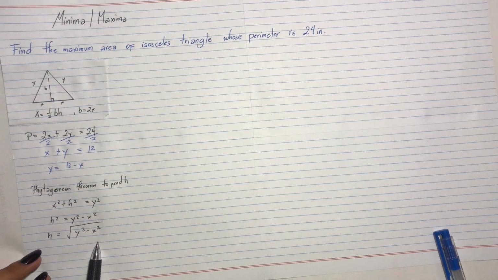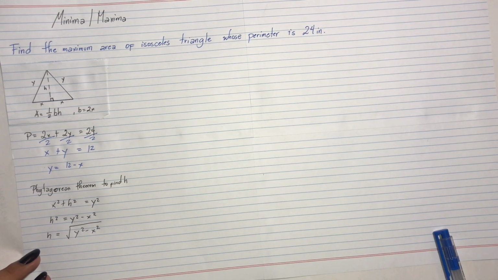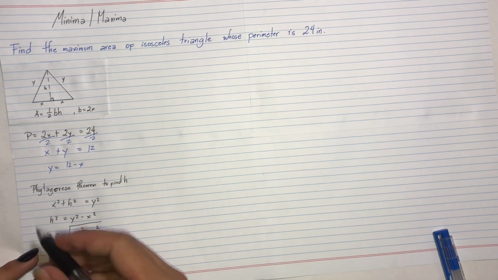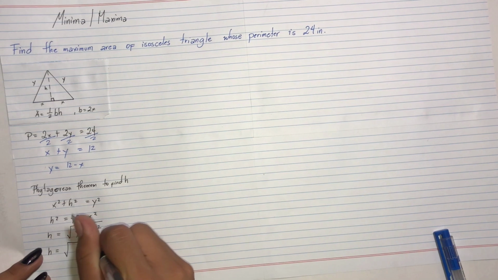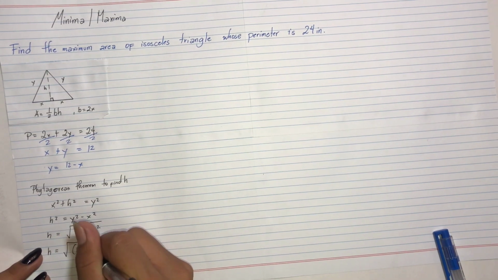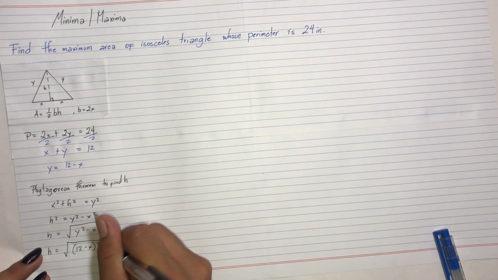Since we need to express this in one variable, we will substitute y into the equation of height. h is equal to the square root of quantity 12 minus x squared minus x squared.